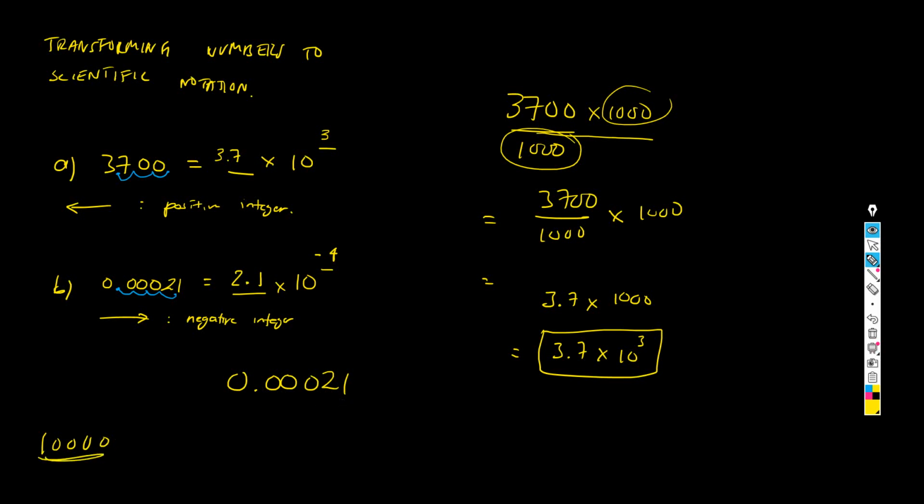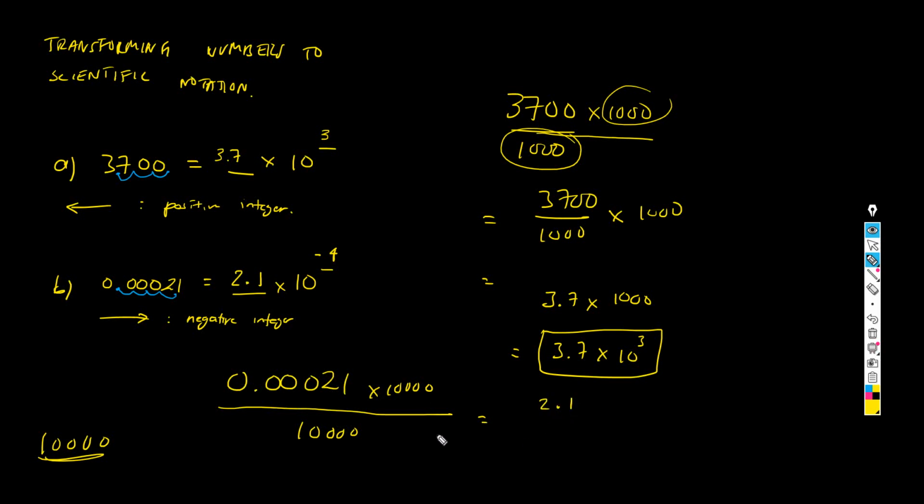Okay, so why not do it? Let's do it. This number times 10,000, you see, and at the same time I need to divide it over 10,000 in order not to change this number. So what's going to happen when I multiply this times 10,000? What am I going to come up with?